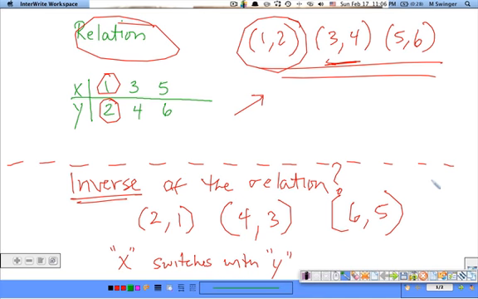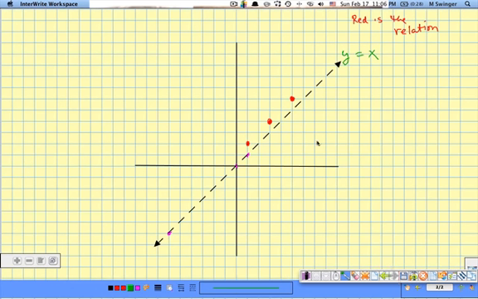Now that you know how to find the inverse of a relation, I'm going to show you what always happens with the inverse. I'm going to graph this relationship. I've already graphed those coordinates 1, 2, 3, 4, 5, 6 in red up here.